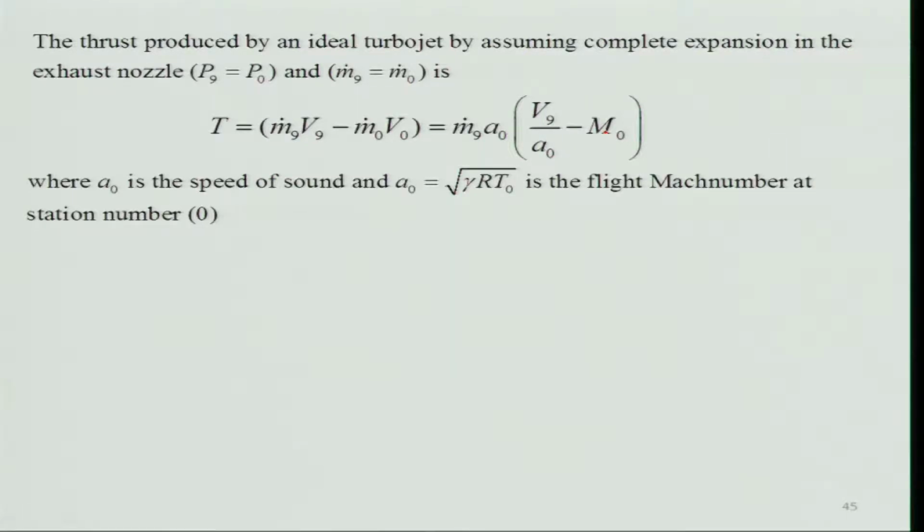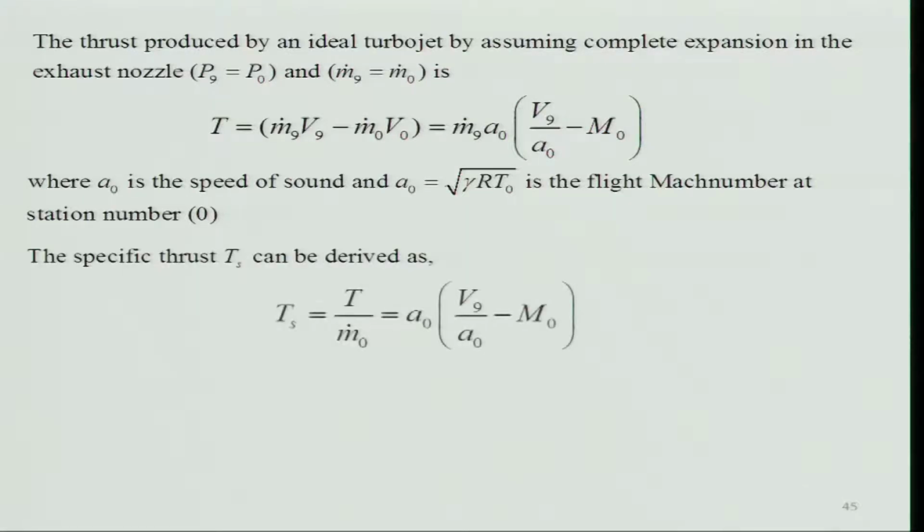The specific thrust, as I told earlier, is the thrust divided by the mass flow rate of air, which is a0 times V9 by a0 minus M0. This is the same thing we have done.